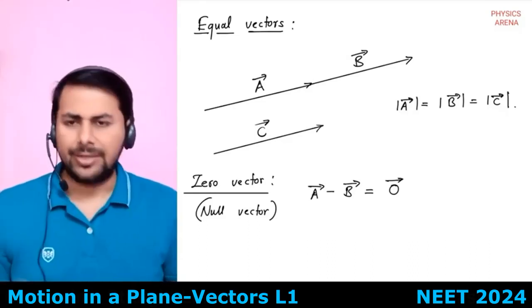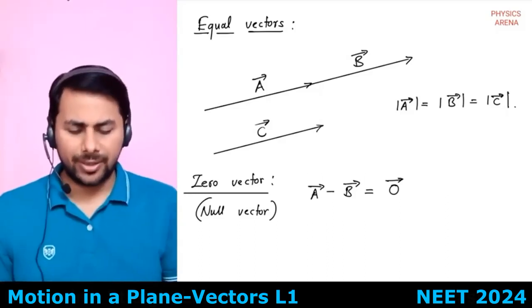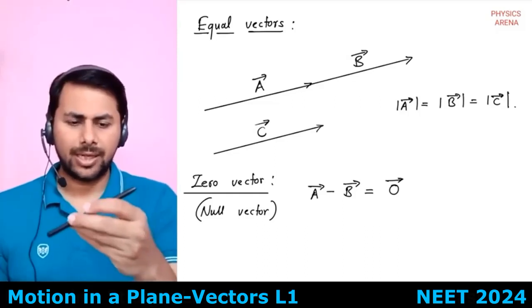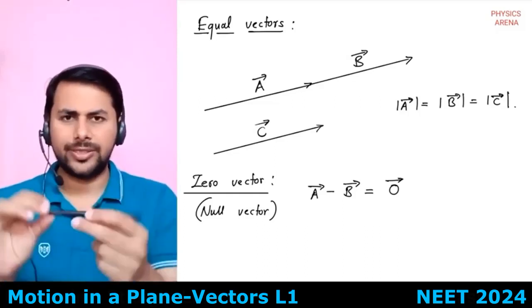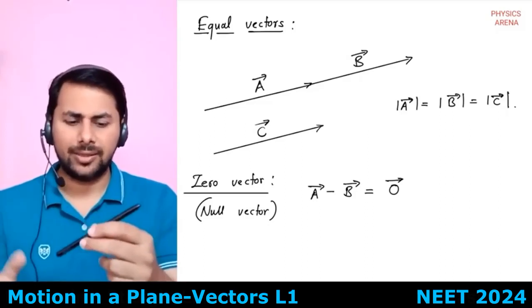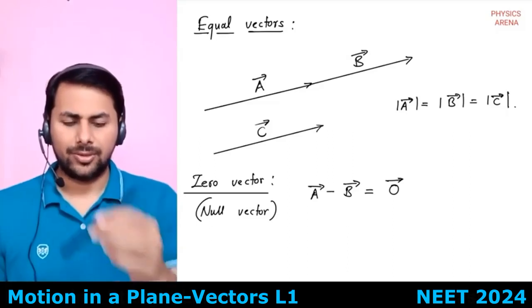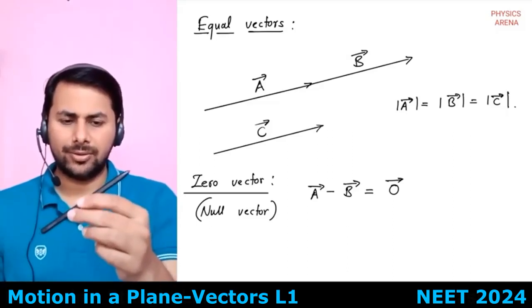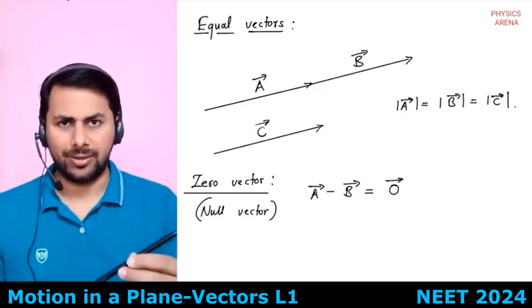In physics, the vectors that we consider are known as free vectors. What do you mean by a free vector? You can take a vector and move it anywhere in space. Just don't change its direction, then the meaning of that vector will remain the same. So this vector over here and the vector over here mean the same thing.